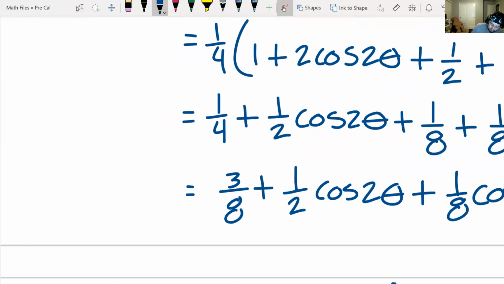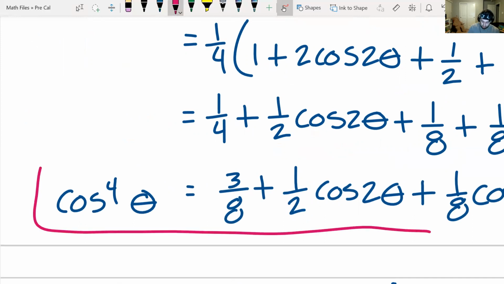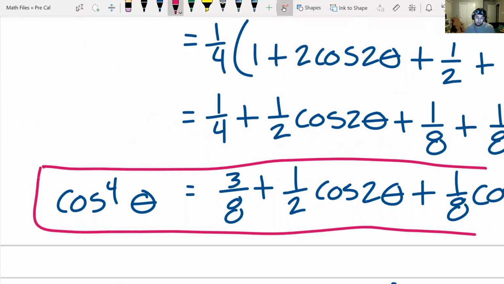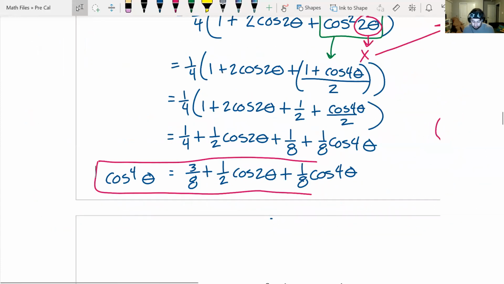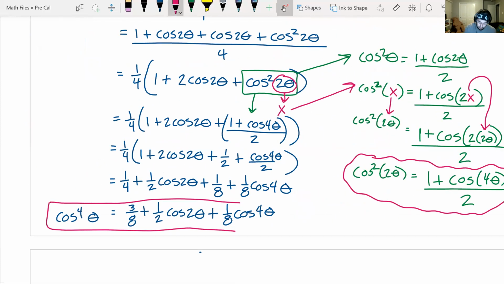This is what cosine to the 4th theta equals. Is that another formula? I think so. There you go.